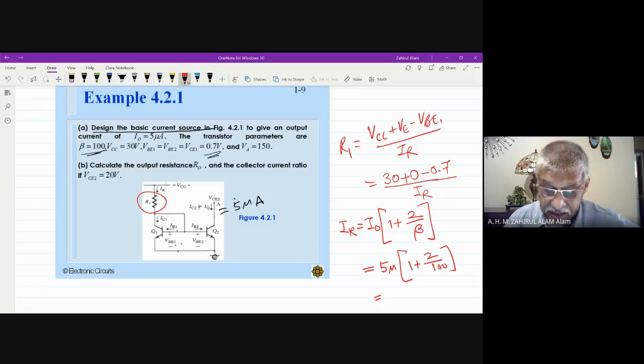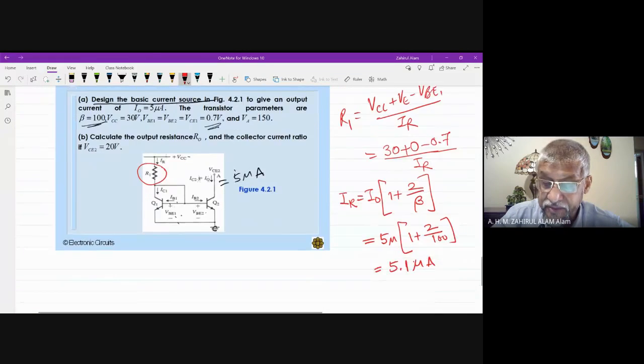So if we substitute, this is 5 micro times 1 plus 2 over beta, with beta equal to 100, and this is equal to 5.1 microampere. Usually we prefer IR equal to I naught, but in this case there is a little bit of deviation.